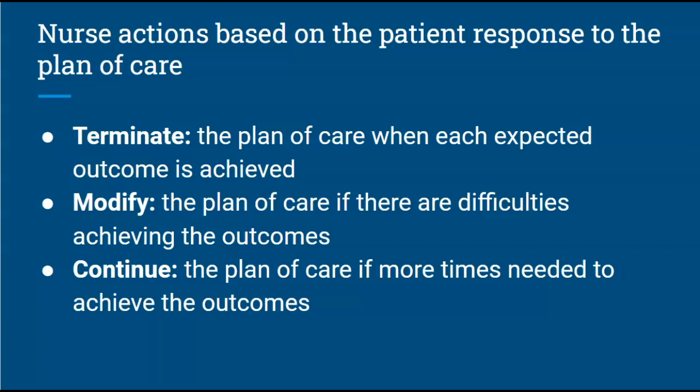Once the nurse has decided how they would respond to their plan of care, it's always important to make sure that the patient is involved. Ideally, you want that partnership throughout the whole nursing process. You want that patient involved every step of the way so that they are likely to achieve the outcomes as best as possible.